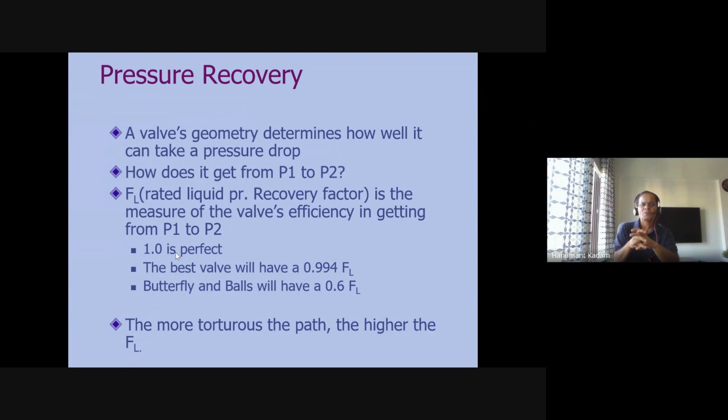So 1.0 is perfect. The best valve will have 0.994. Butterfly and ball valves have 0.6. So ideal is 1. The more tortuous the path, the higher the FL, meaning a scrubbing path, I'm talking.